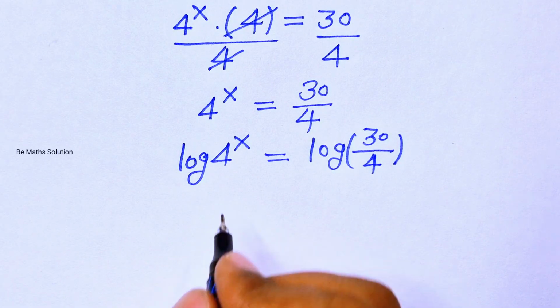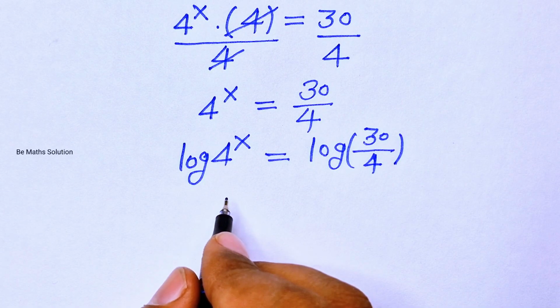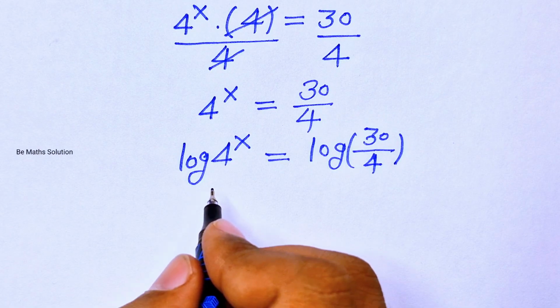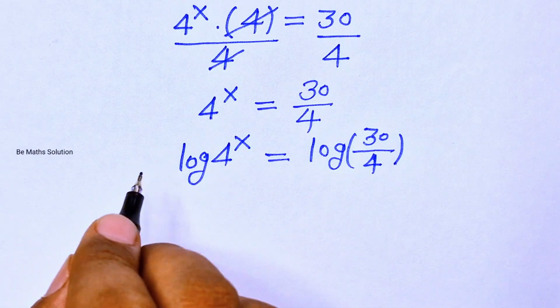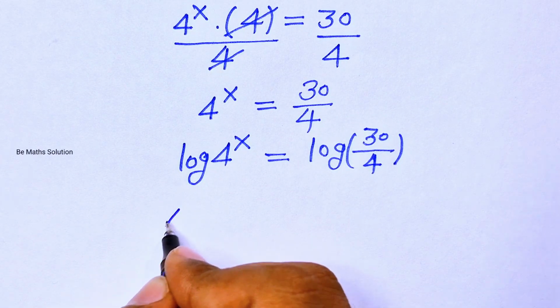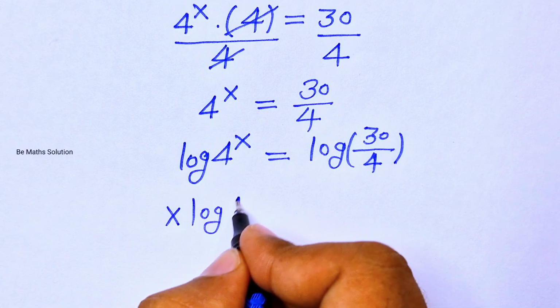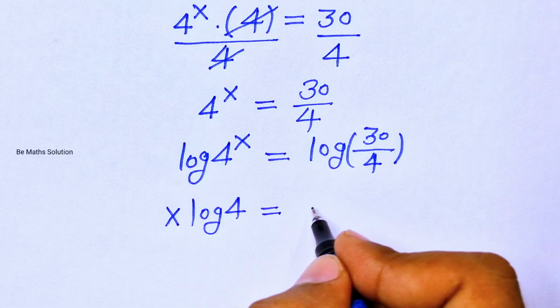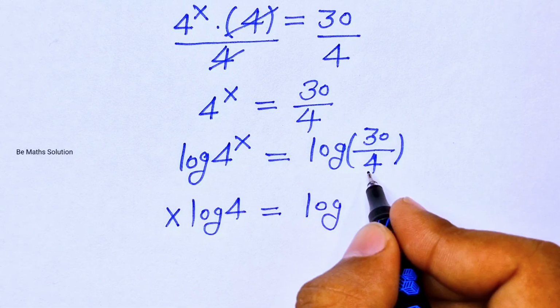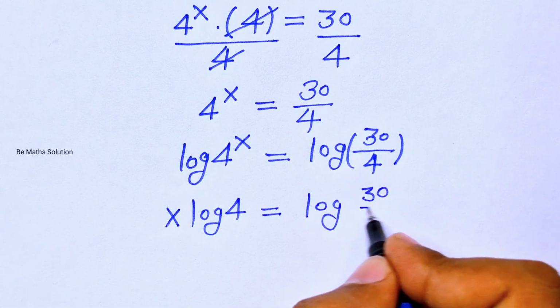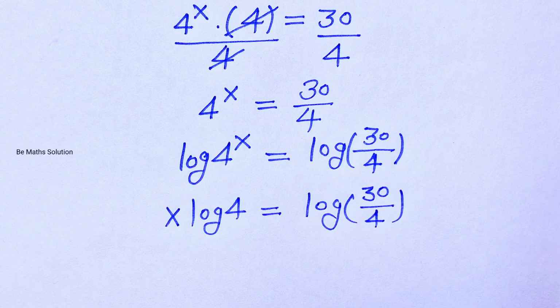According to the natural log formula, you can say that the exponent moves to the front, which gives x log of 4 is equal to log of 30 over 4, in brackets.